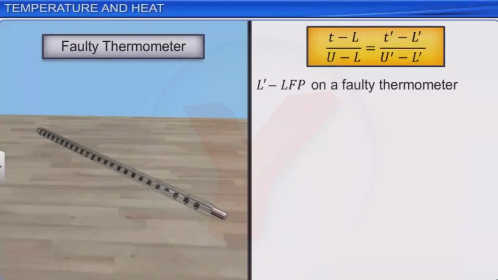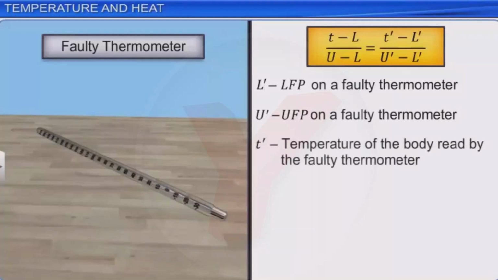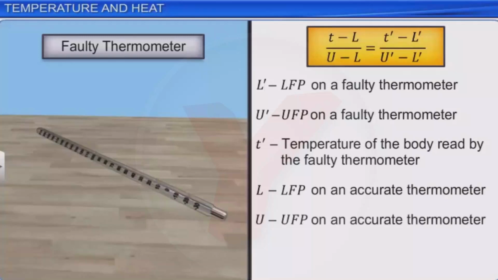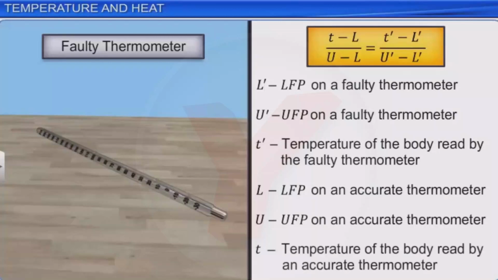If L dash is equal to LFP on a faulty thermometer, U dash is equal to UFP on a faulty thermometer, T dash is equal to temperature of the body read by the faulty thermometer, and L is equal to LFP on an accurate thermometer, U is equal to UFP on an accurate thermometer, T is equal to temperature of the body read by an accurate thermometer.